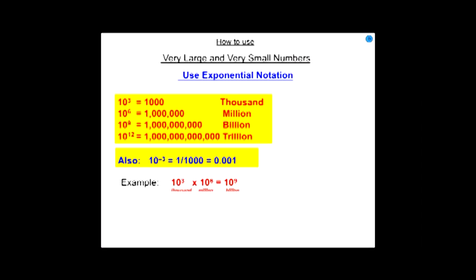The number of zeros adds up, and so 1,000 times a million is simply 10 to the 9. Very convenient. And in general, obviously, 10 to the N times 10 to the M is equal to 10 to the N plus M. Okay?